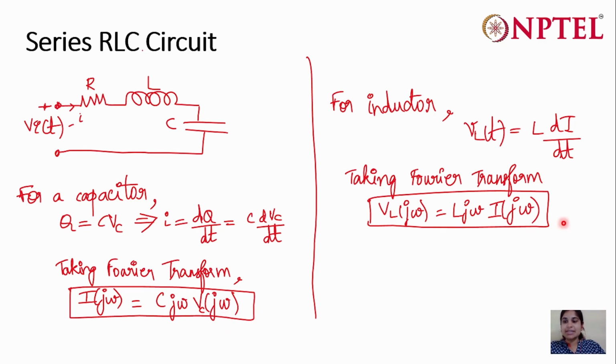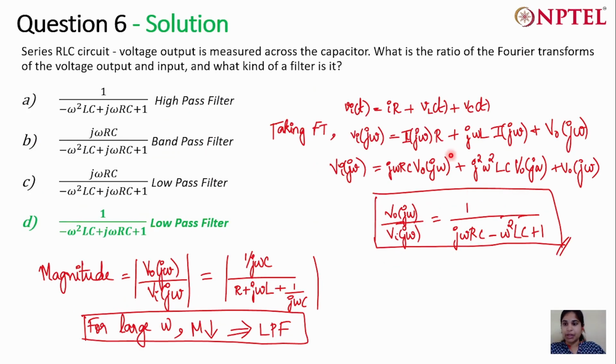For inductance, if you have to write I of j omega, it is VL of j omega by j omega L. We have to use these two things here, and then we can write Vi of j omega in terms of V naught of j omega. What are we asked to find?